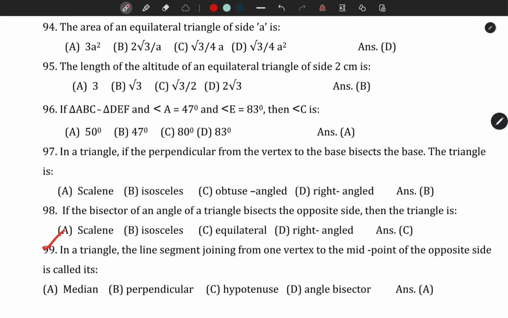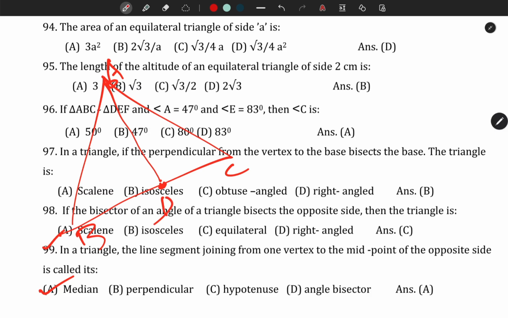Number 99, in a triangle, the line segment joining from one vertex to the midpoint of the opposite side is called median. So this is the definition of median. In a triangle, if you join any vertex, supposing vertex A, to the midpoint, if D is the midpoint of BC, then this line segment is called the median.